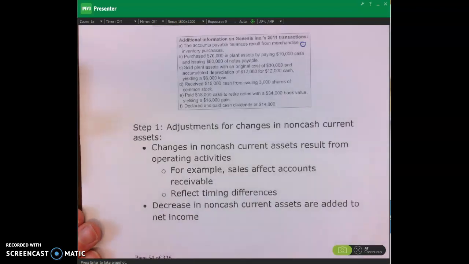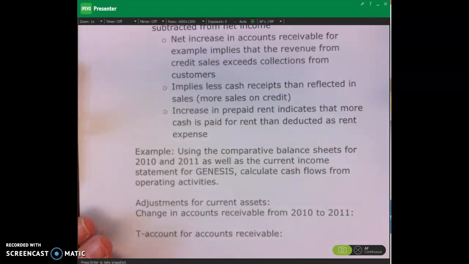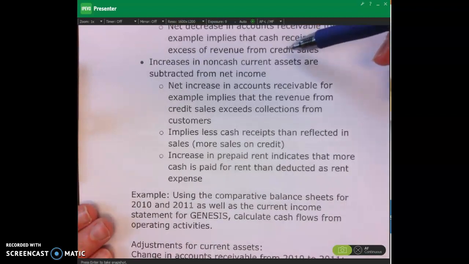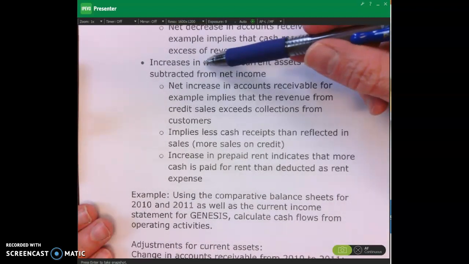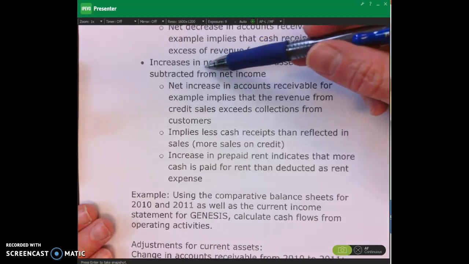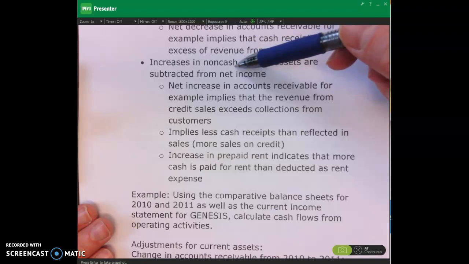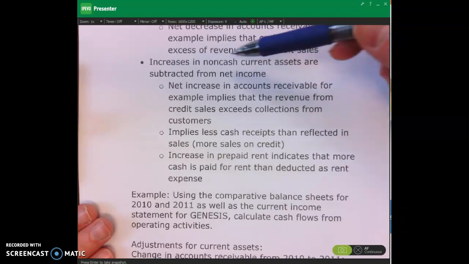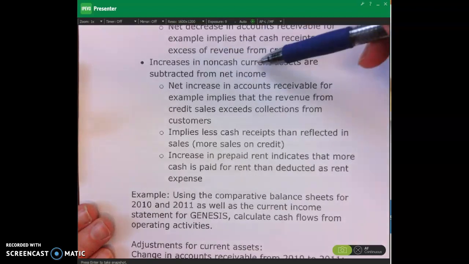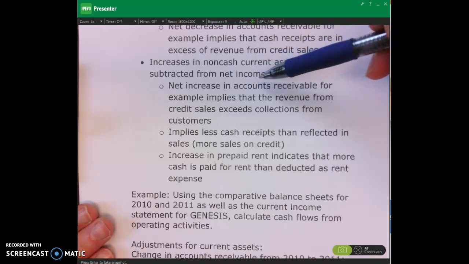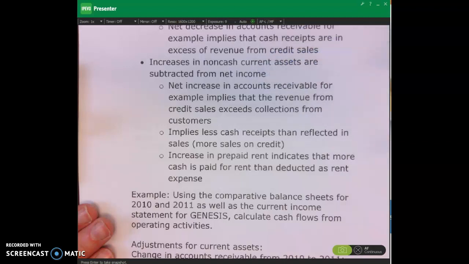On the other hand, if we have an increase in a non-cash current asset, an increase in the balance, for example accounts receivable from beginning to ending, that change in the account balance is subtracted from net income.